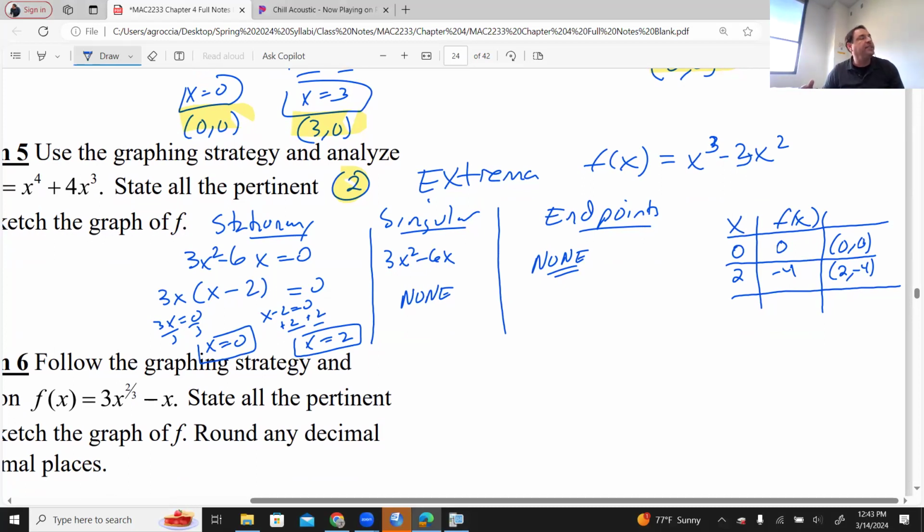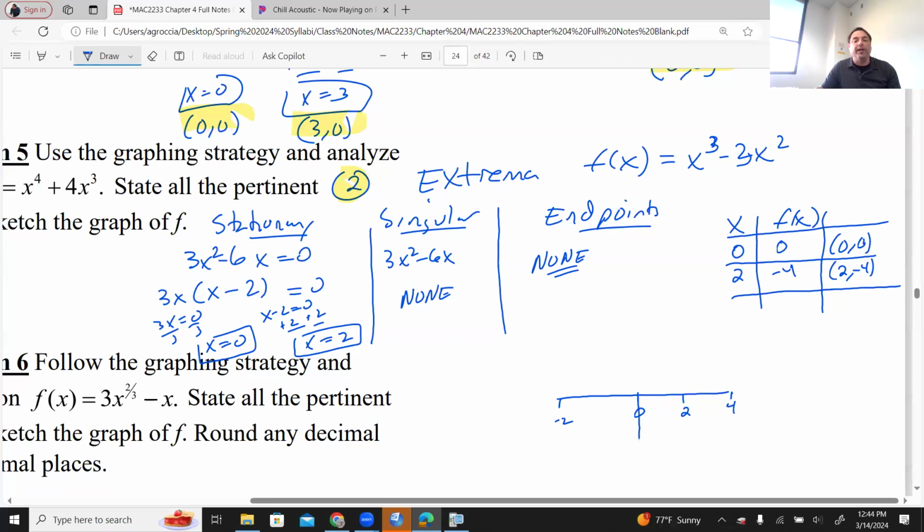So the other part about this is you need to be able to graph, and we need a window that will work. Well, for the x's, we need to see 0 and 2. So what are we thinking? If we need to see 0 and 2, what window should we go from what to what? From -2 to 4, okay? That works. And we need to see -4.